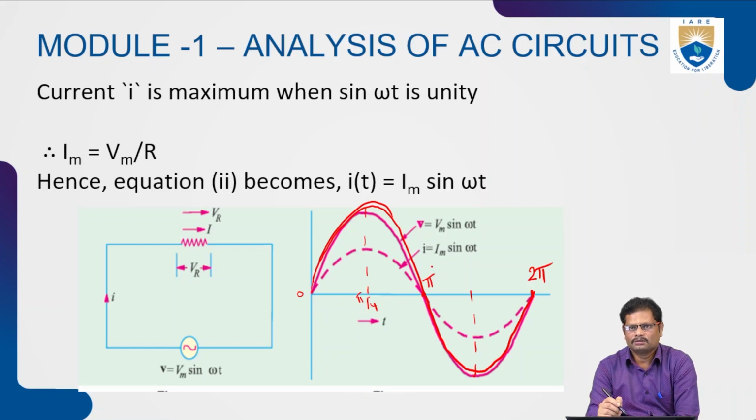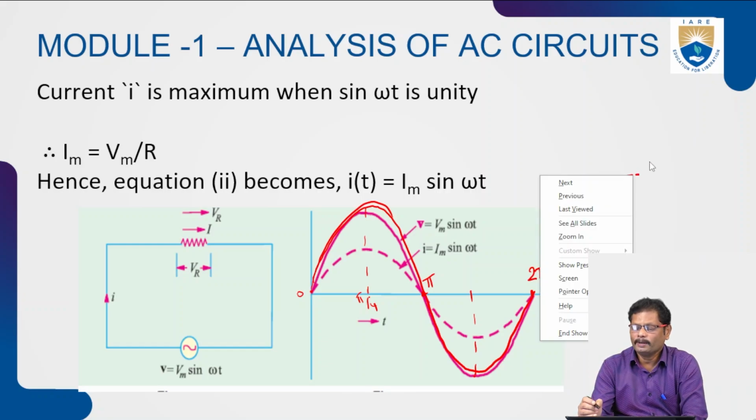So in a pure resistor, irrespective of the amplitude and magnitude, both start at the same time, reach maximum at the same time, and reversal happens at the same instantaneous value. So these two are said to be in the same phase.